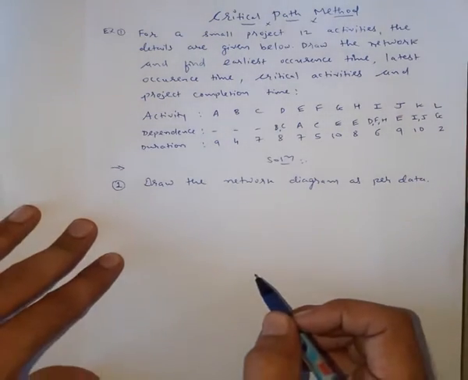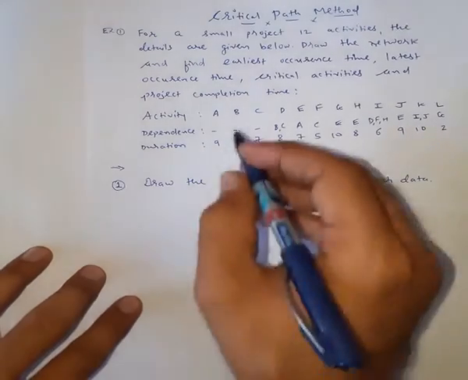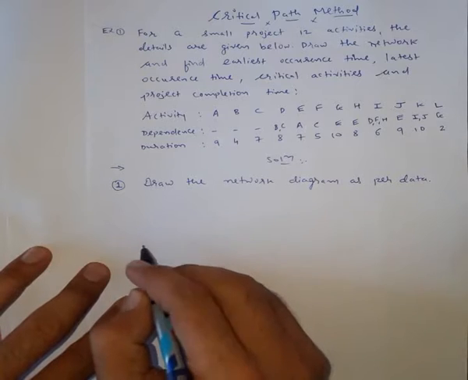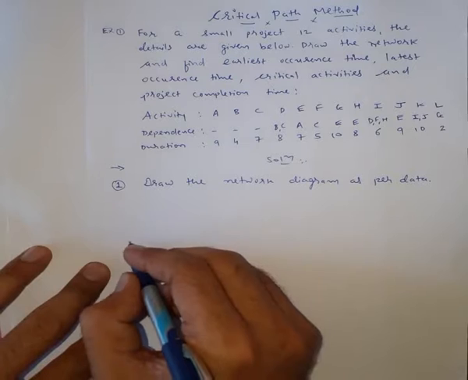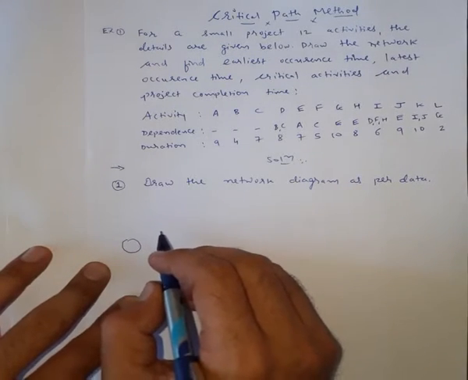So for this given data, let us draw the network diagram. As you can see from the data, A, B and C are not dependent on any of the activities.